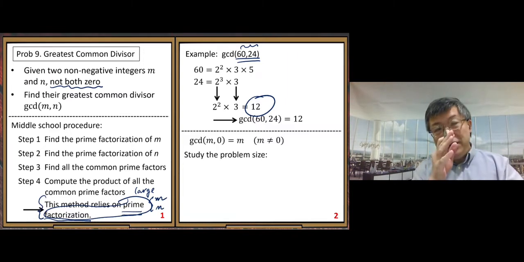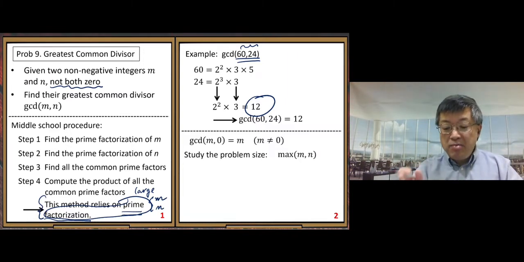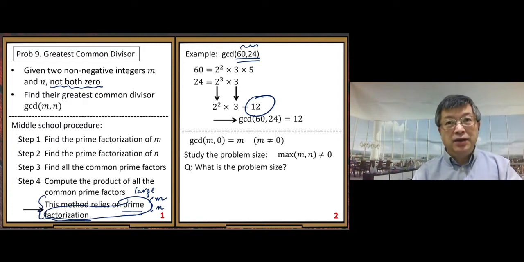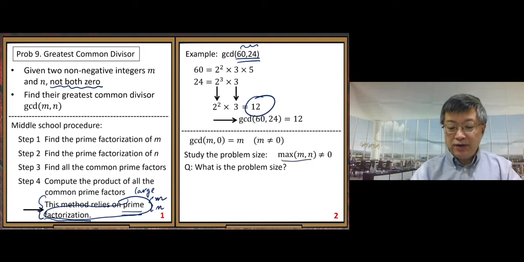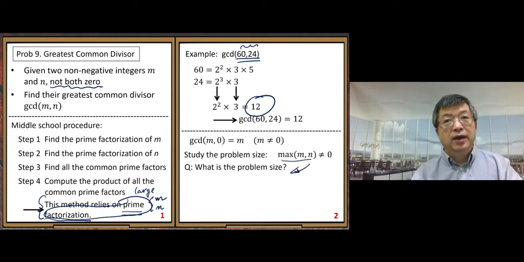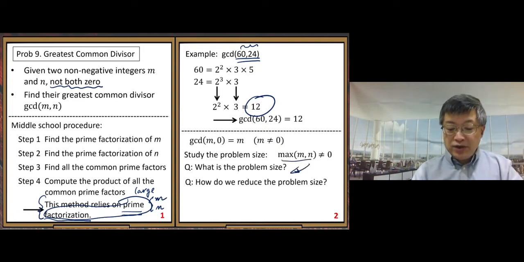The problem size is the maximum of m and n, which we know cannot be 0 based on the given condition. So this is the problem size. The next question: how do we reduce the problem size?